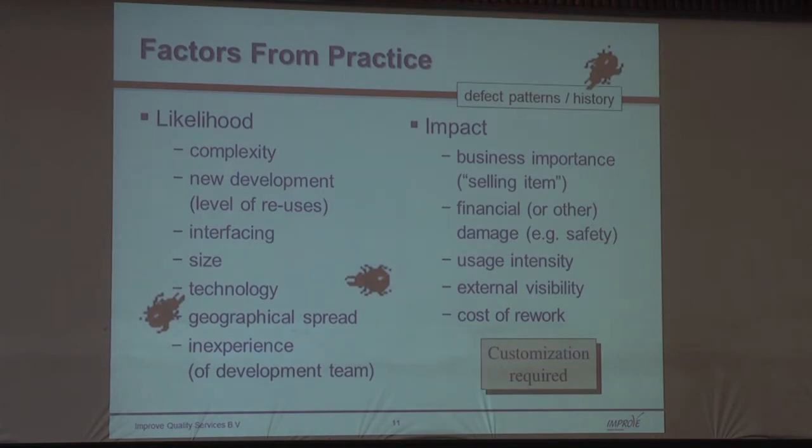A lead developer, for instance, could probably tell us something like complexity expected, or what's new development, or where the interfaces are. I wouldn't have to ask that question to the end user. However, the end user could tell us probably about how often it is used, right? And a business manager would probably be able to tell us about financial damage, and even how much he worries about external visibility sometimes.